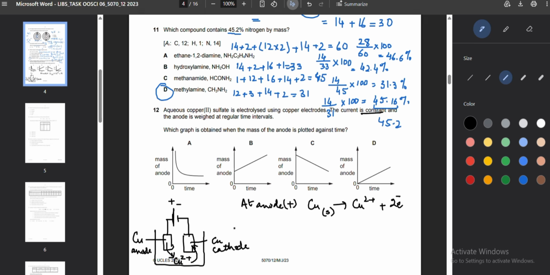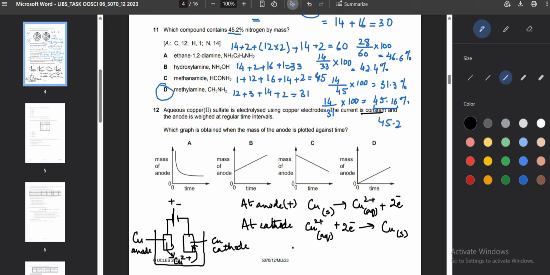And at cathode, what is happening at cathode? The copper ions which are dissolved in the solution, they come at the cathode and they pick up the electrons and get deposited as copper on the cathode.